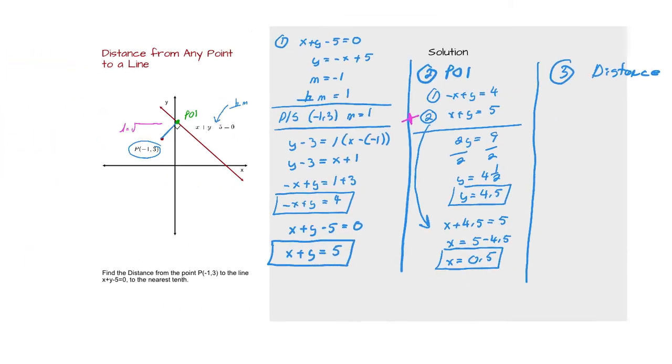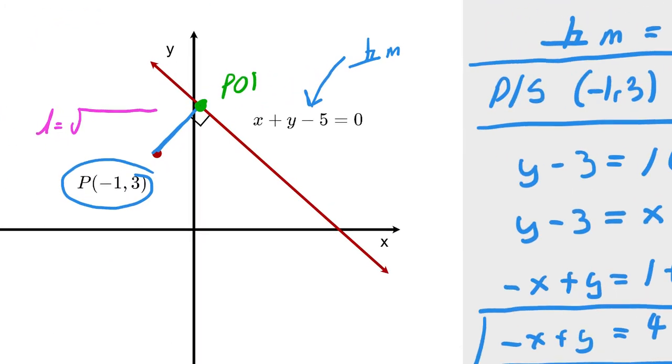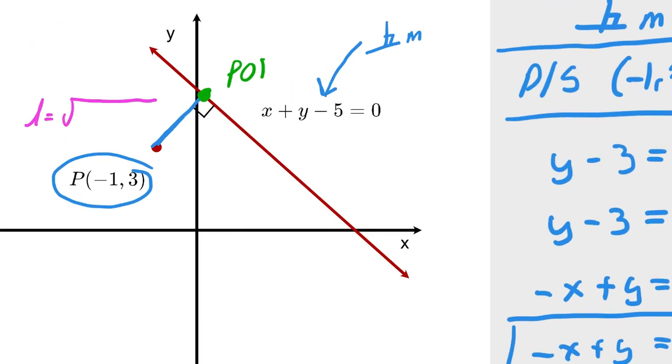Just going back to our graph here. So what we've done is we found the equation of the blue line. We found the POI. And the last thing we're going to do now is use the distance formula to calculate how far it is from the original coordinate to the line.